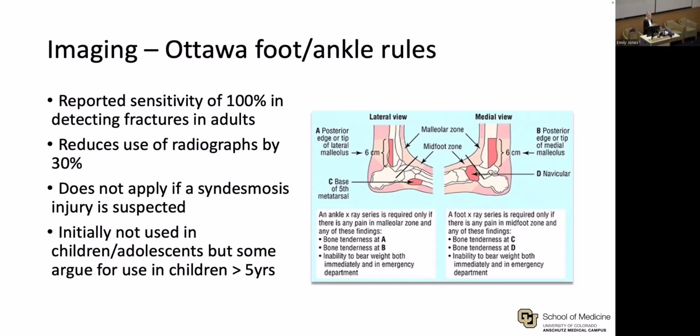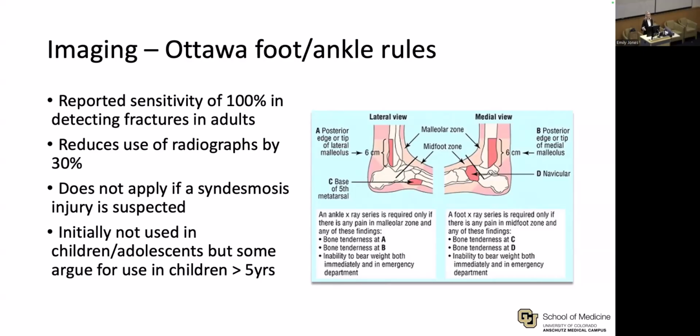So basically the rules are for the ankle series, if there's any bony tenderness on the posterior edge or tip of the lateral malleolus, or the medial malleolus, so tenderness at the distal medial or lateral malleolus, or if they're unable to bear weight immediately, or if they're not able to do 4 steps in the office.